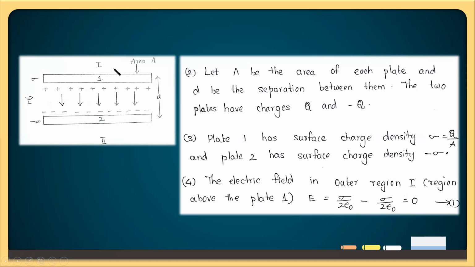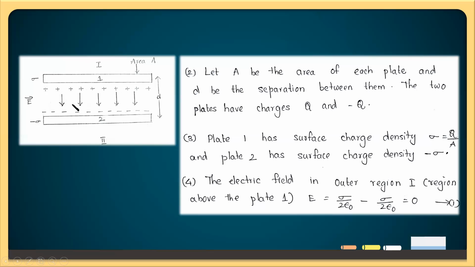In region 1, the electric field due to the positive charge is in the outward direction, from the positive plate, as I'm showing, from the lower side to the upper side.